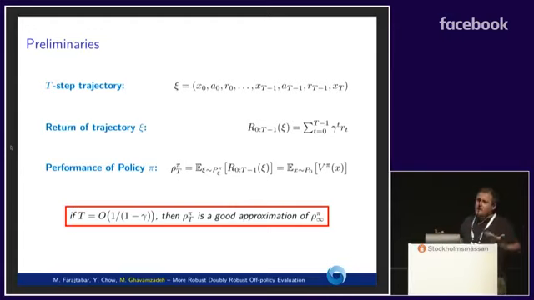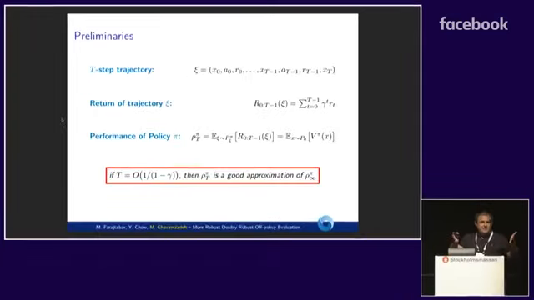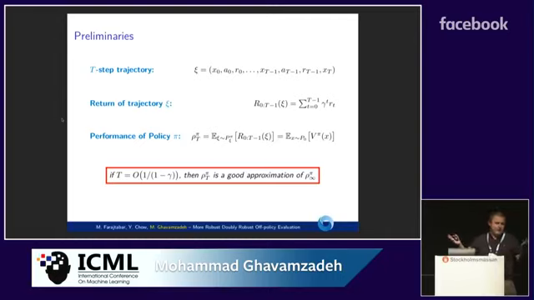The other way is the expectation over all the initial states of the value of that policy at those initial states. If T is large enough with respect to the discount factor, this T-step return is very close to the infinite horizon return. So in this talk, we assume that T is large enough, and when we talk about the performance of a policy, we are talking about this T-step performance, which is very close to the infinite horizon performance.